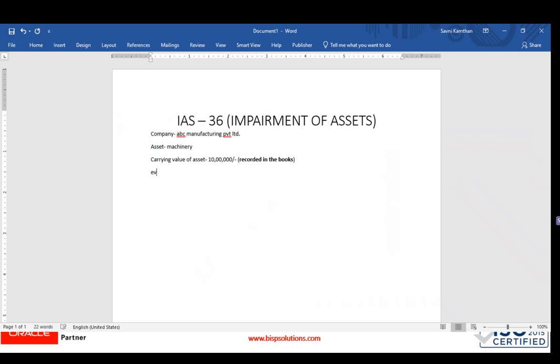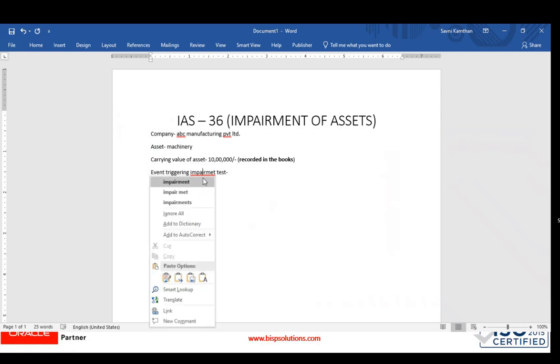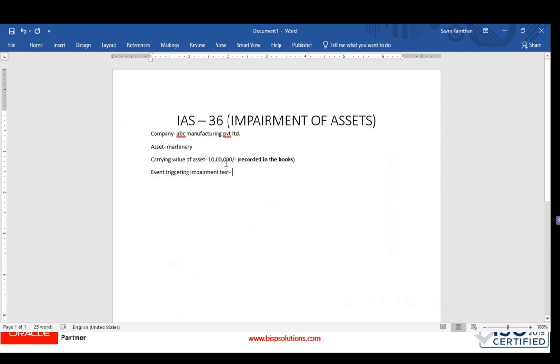Then, the event triggering the impairment test. So, what is the event which triggers the impairment test? A new technology has come.